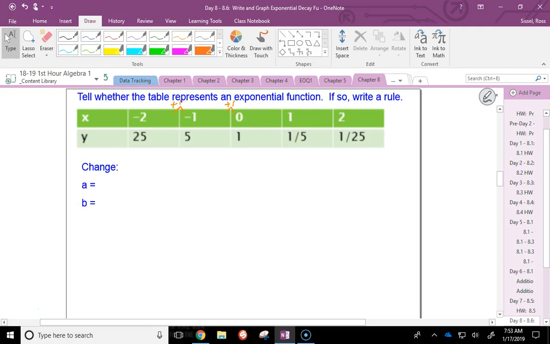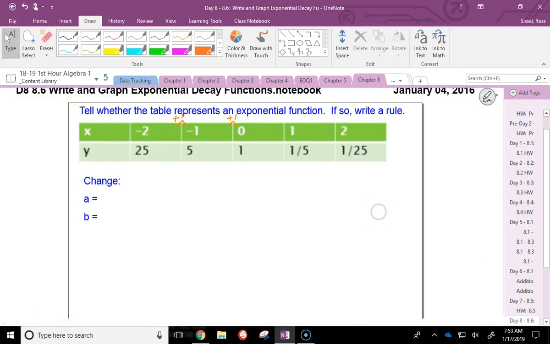First thing, tell whether the table represents an exponential function. If so, write the rule. Okay, so we look at our x, and we see it is going up by 1. That's good. Now we have to look at our y. How is it going from 25 to 5?